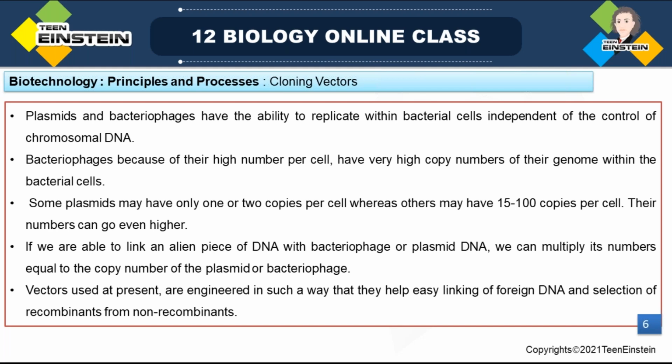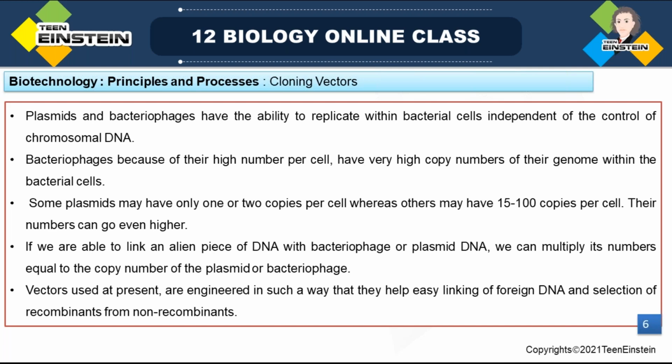Along with the multiplication of this plasmid or bacteriophage, our linked foreign DNA is also getting multiplied, and we are getting many copies of it. So how is that process happening? We are making a recombinant DNA, linking the foreign DNA, the DNA with the gene of interest, to a vector DNA. That vector may be a plasmid or bacteriophage or whatever. That will work as a vector.